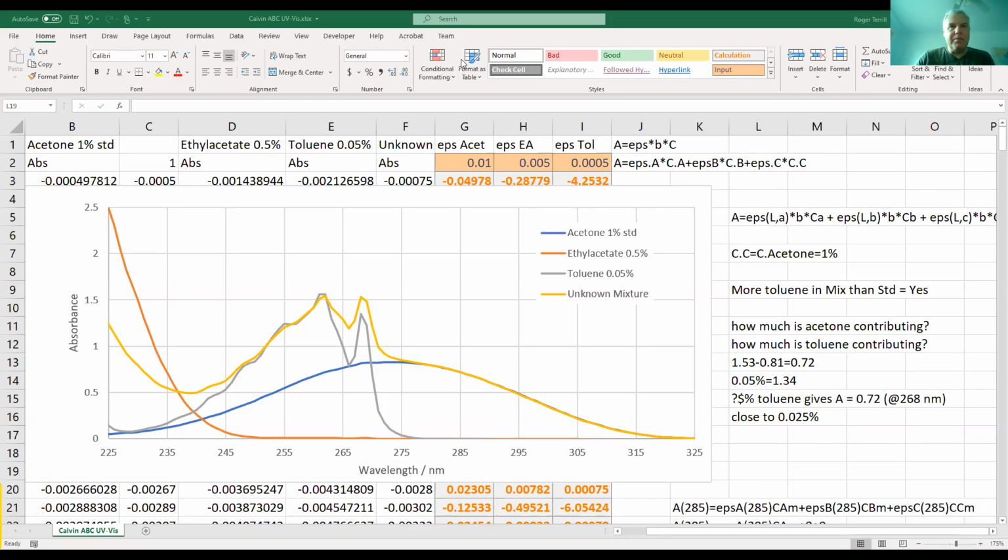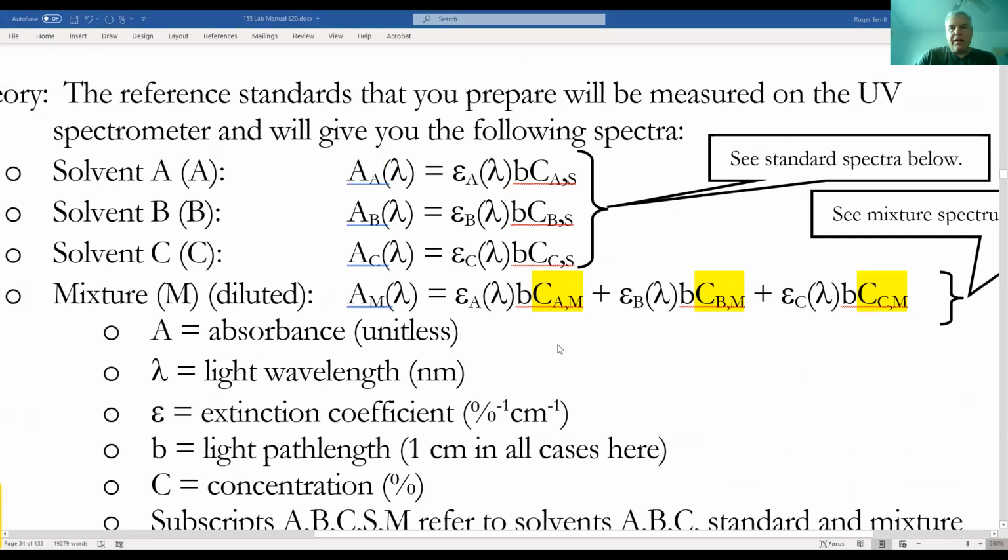So I'm going to go back to the share. And what we're going to do is change the wavelength here to 268. Epsilon C at 268 is what value, Abby? And C is supposed to be ethyl acetate, which is the blue one, right?